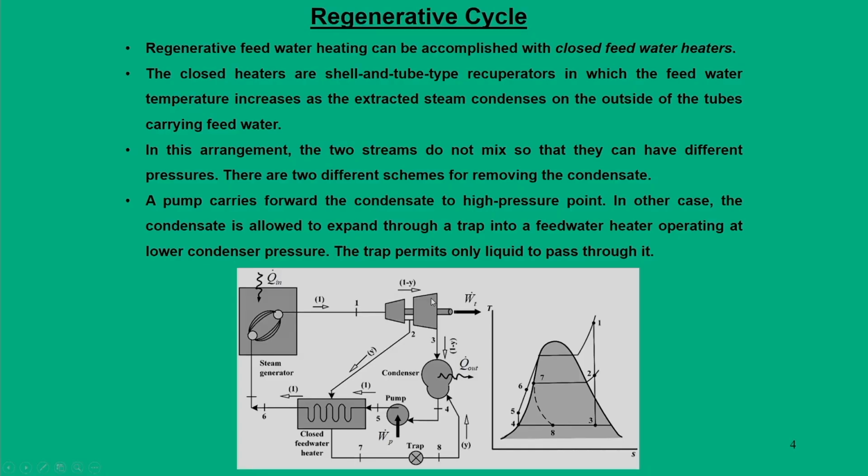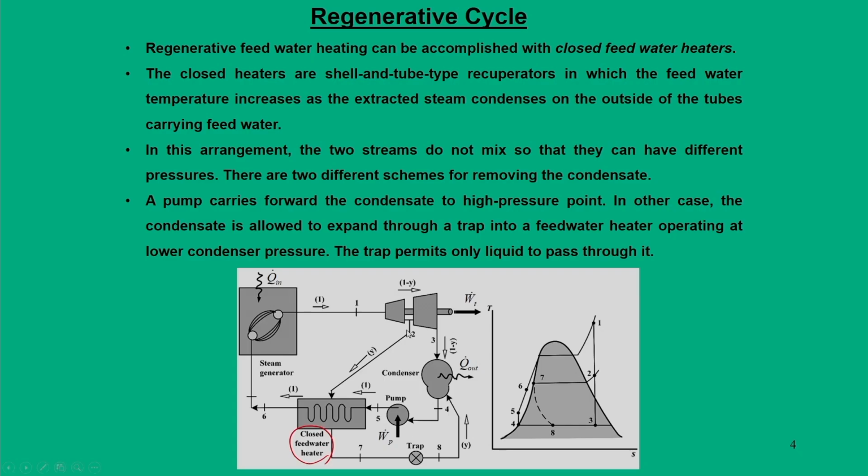Now, let us revisit the modified Rankine cycle, and one of the concepts was the regenerative cycle. If you look at this thermal circuit of a modified Rankine cycle, we have a steam generator and there are two stages of turbines, we have a condenser, pump, and additionally we have a unit called a closed feed water heater.